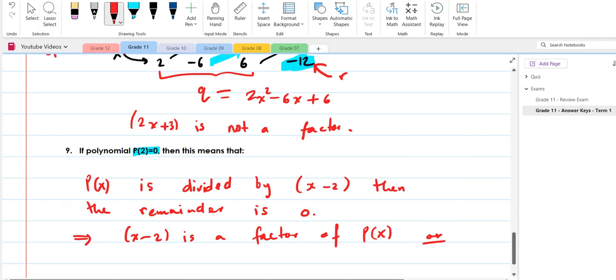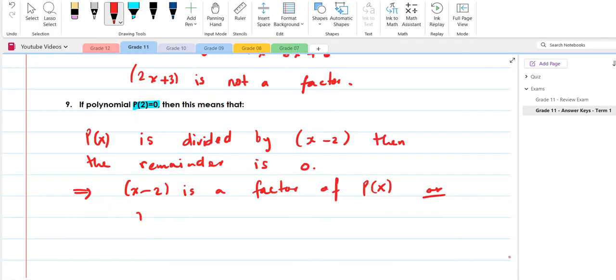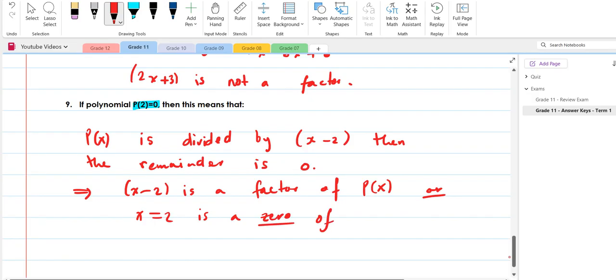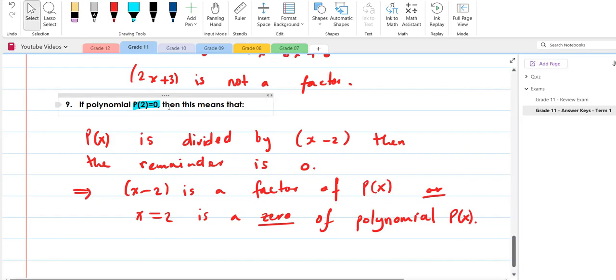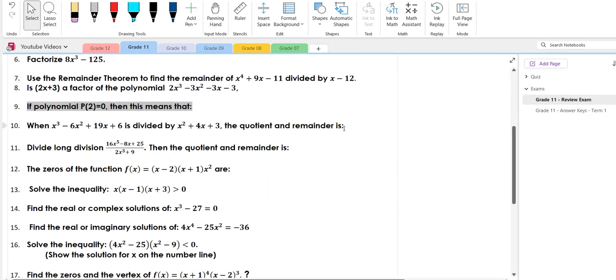Or you can also say x is equal to 2 is a 0. Why is it a 0? Because it gives remainder 0. It is a 0 of polynomial p of x. Okay, so this question is kind of a theoretical question that defines the factor and remainder theorem. Looking at the next question.